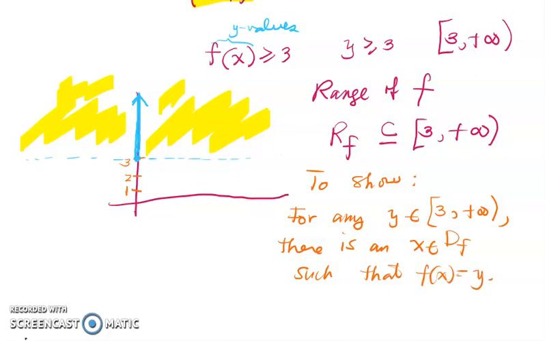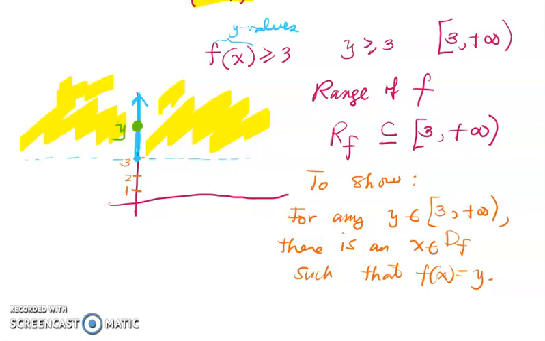What does this mean? If we pick a point y on this interval, let us go back here. If you pick a point y on this interval, this particular point here, this is our point y, that is our f of x.